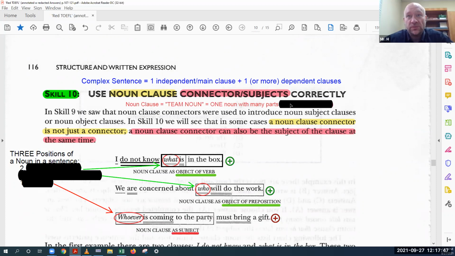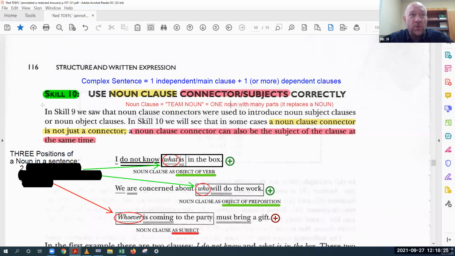What is its job? A noun doesn't describe anything, right? An adjective describes, an adverb describes. But what about a noun clause? Anybody remember? I showed yesterday. It replaces a noun. That's right, Al-Harbi. A noun clause replaces a noun, okay?